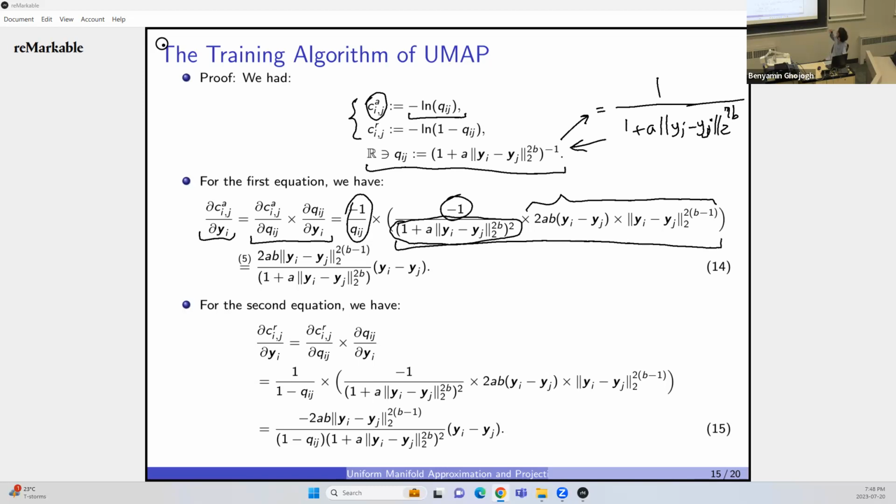And then I have these two, so I have 2b as a power, right? So I can say 2ab times this yi minus yj. Also, I reduce the power by 1. Okay, so we saw that. Now what do we have? According to equation 5, what was equation 5?